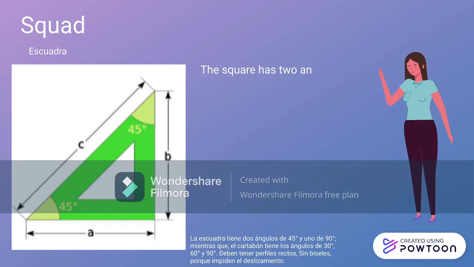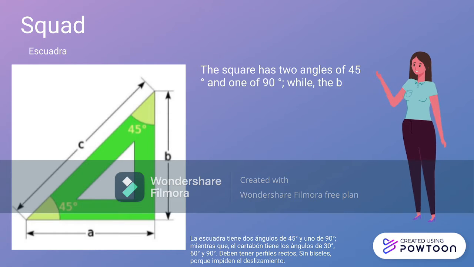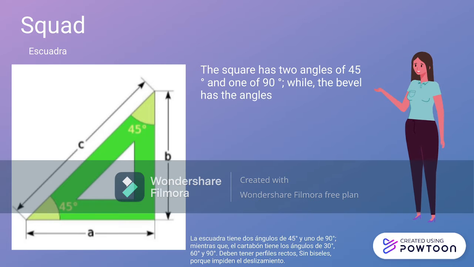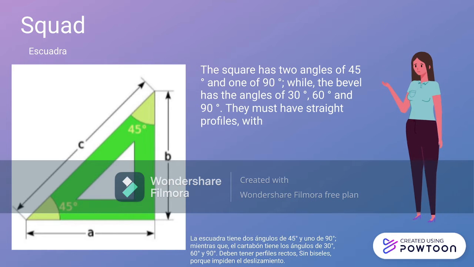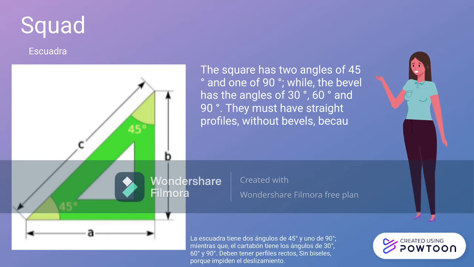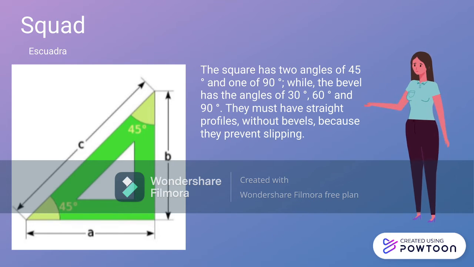Square. The square has two angles of 45 degrees and one of 90 degrees, while the bevel has angles of 30 degrees, 60 degrees, and 90 degrees.